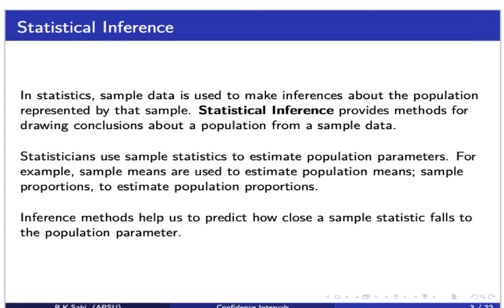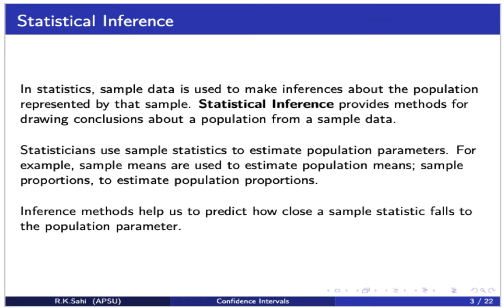Now we're going to look at statistical inference. Let's take an example. Suppose I want to find out the average age of students in a university doing their bachelor's in the US. That's a very, very difficult task because there are so many universities, so many students.